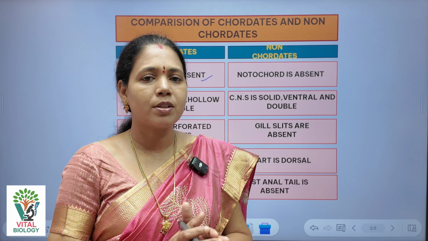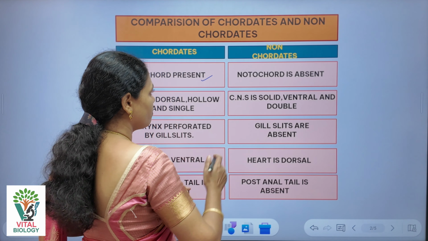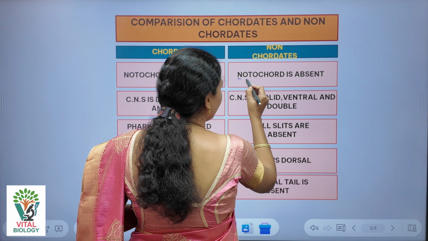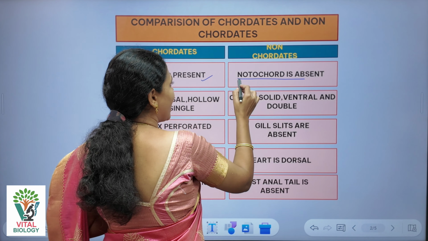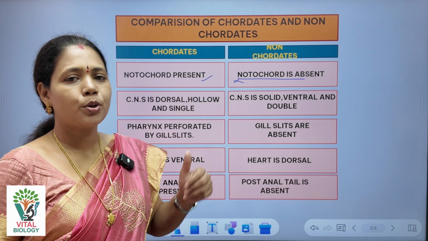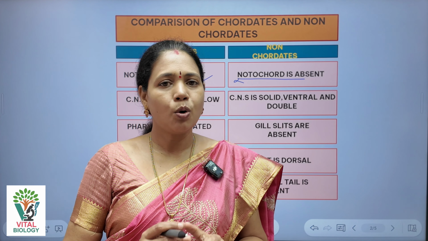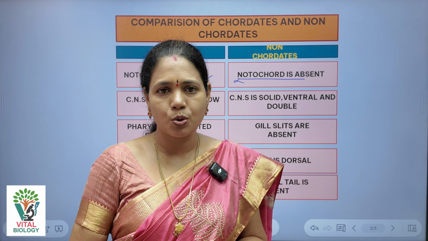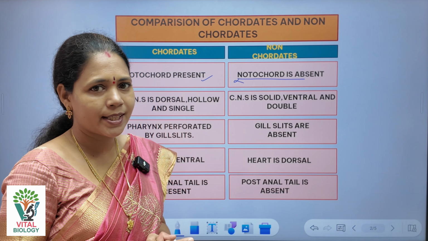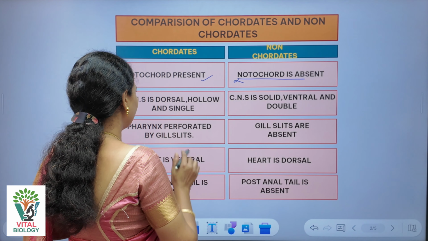Whereas in non-chordates, from Porifera up to Hemichordata, which we have discussed, the notochord is absent. Nowhere did we discuss the presence of a notochord, so the notochord is absent in non-chordates.